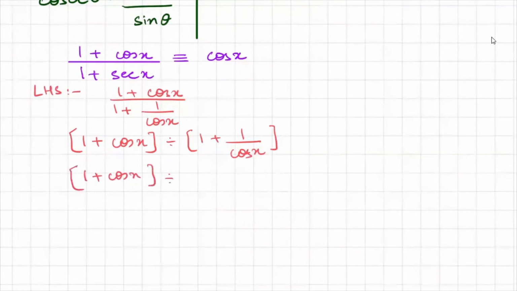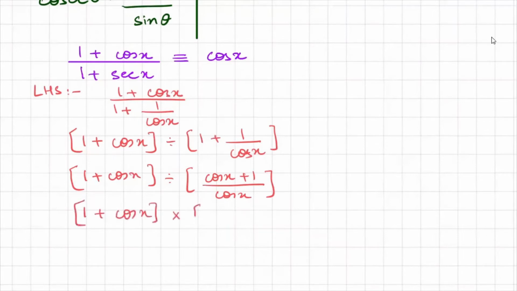Yeah, the LCM would be cos x, which means 1 multiplied by cos x is cos x itself, plus 1, which was written, divided by cos x. Now, since there's a division sign in between, I am going to change this into multiplication and I'm going to reciprocate it. 1 plus cos x multiplied by cos x divided by cos x plus 1.